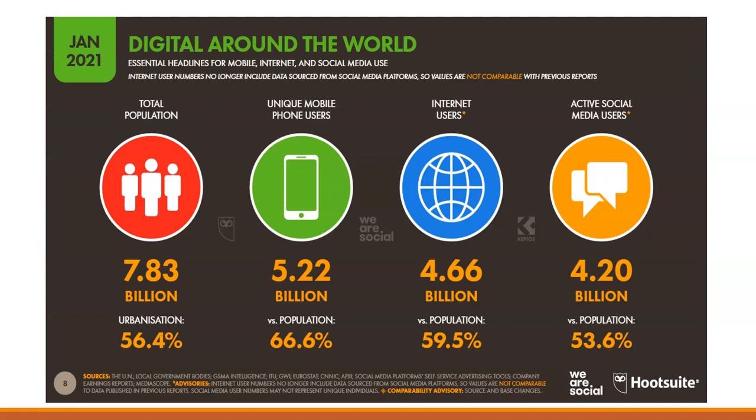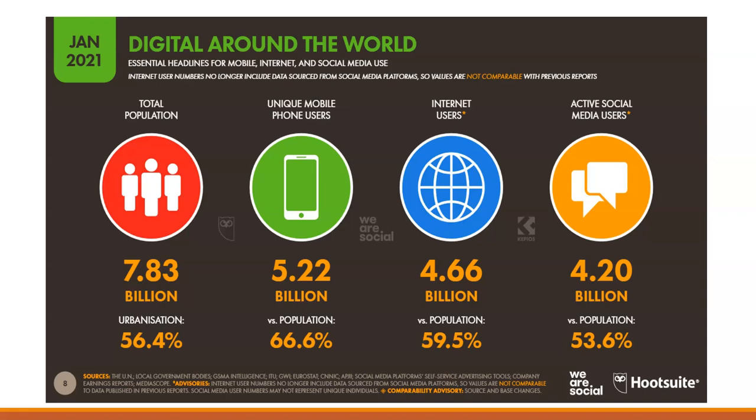So what's the digital usage around the world? This is from We Are Social and Hootsuite, as of January 2021, so January last year. Our total world population is 7.83 billion. Mobile users, 5.2 billion of those.